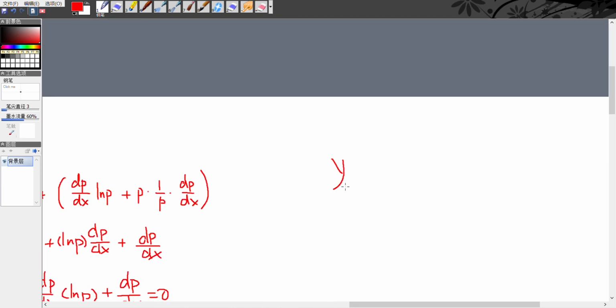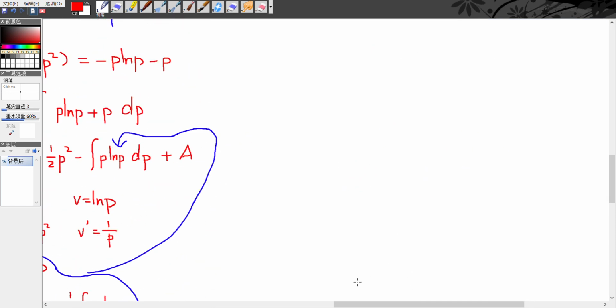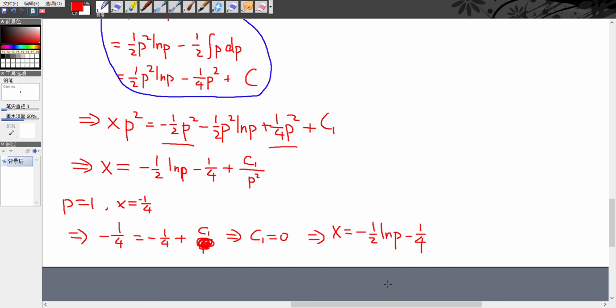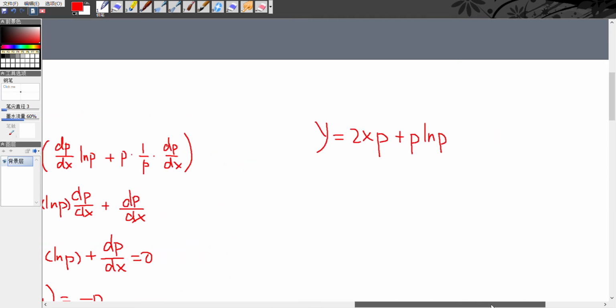So y is equal to 2xp plus p ln p, and we have x is equal to negative 1 over 2 ln p minus 1 over 4.